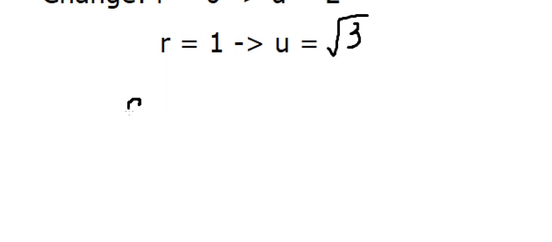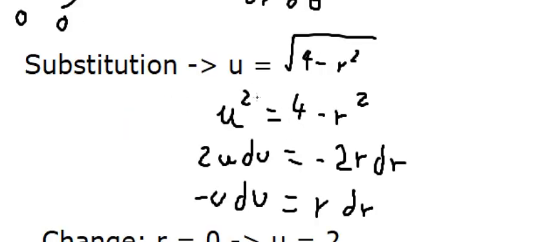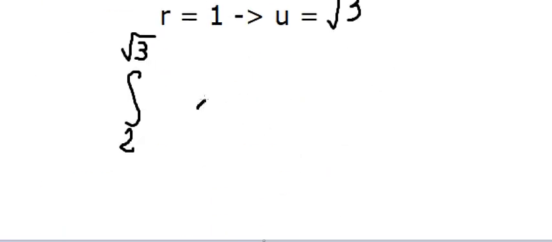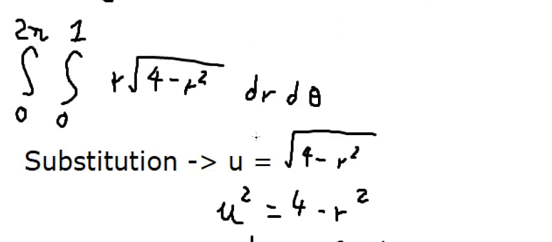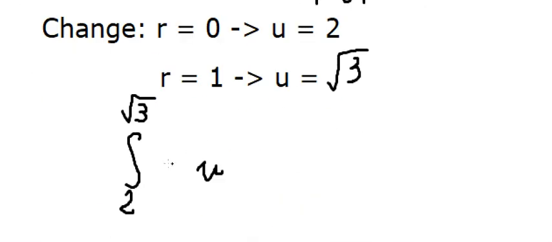So we have this integration from 2 to the square root of 3. This square root in here we change for u. r dr we change for negative u du. And you got negative u squared.